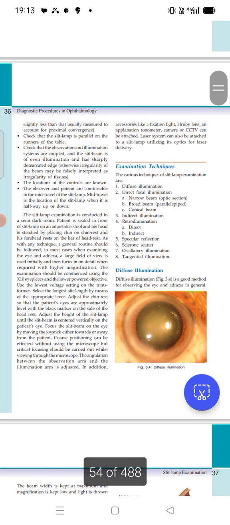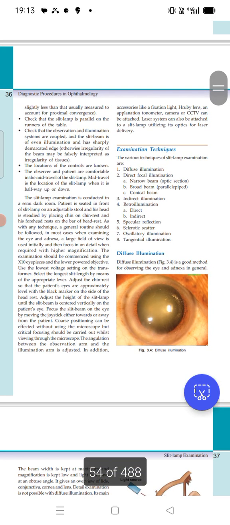It is also used in contact lens fitting, soft or RGP, whatever contact lens. We can see the eyelid margins and eyelashes, just a glance with the help of diffuse illumination.